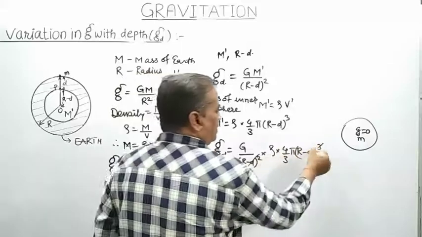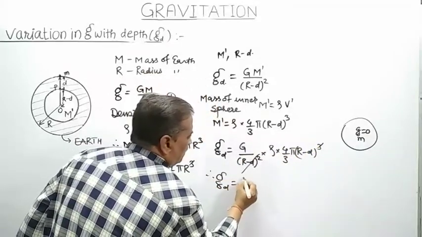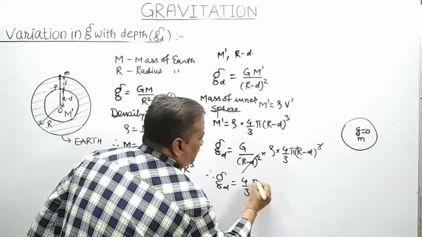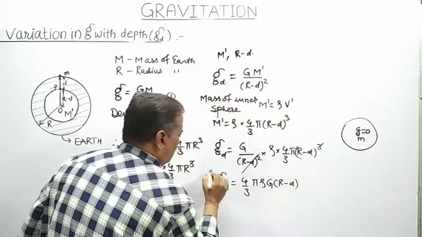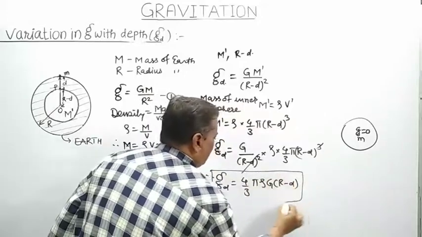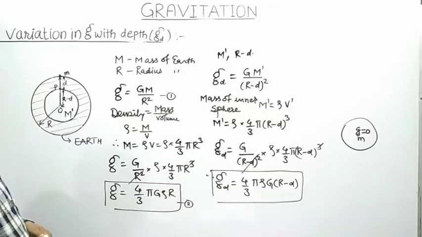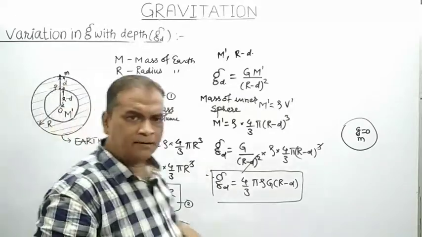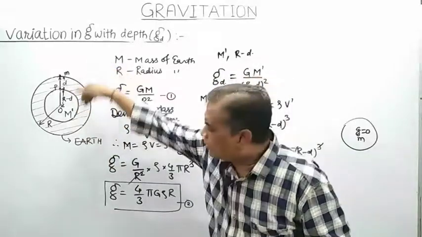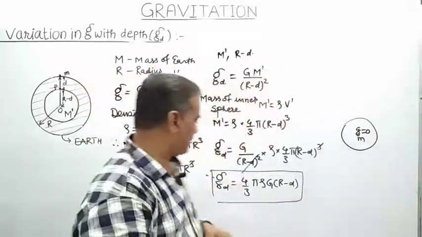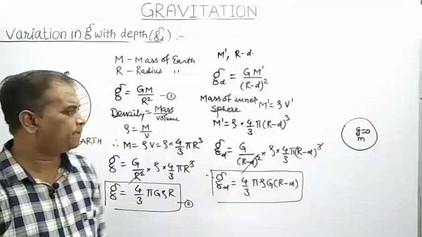So that square gets cancelled, leaving only R minus d. Therefore, g d is equal to 4 by 3 pi rho G into R minus d. So this is an expression for acceleration due to gravity acting on the object lying at a depth d below the surface of earth as g d equal to 4 by 3 pi rho G into R minus d.